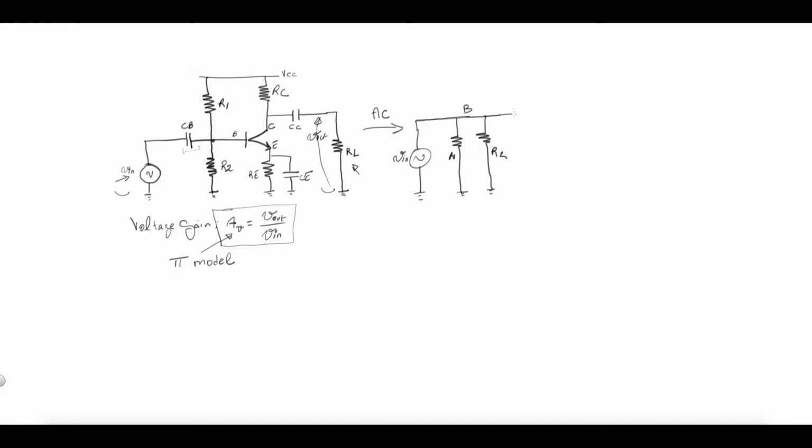So what happens? Well, we also have an input impedance, since this is the pi model, called beta re prime. Okay? On the collector side, what we have is the current generator here called beta IB, knowing that IB is the current going into the transistor.